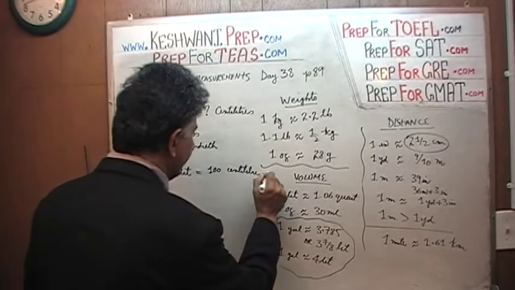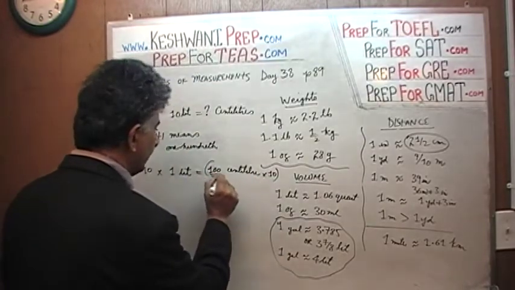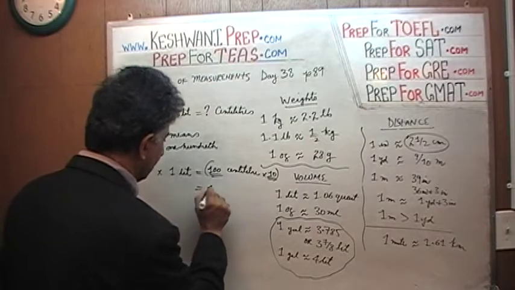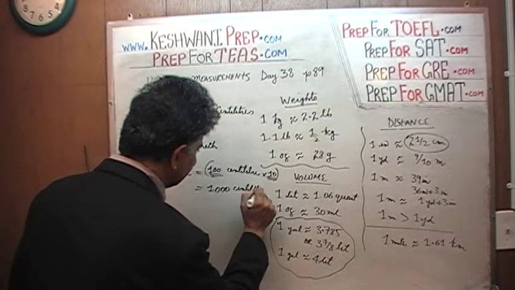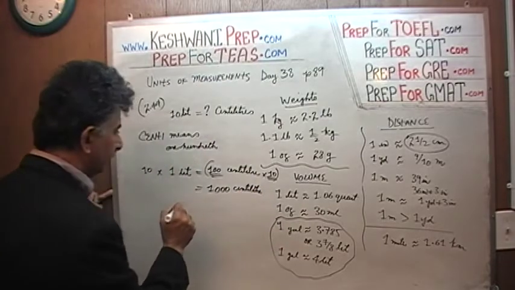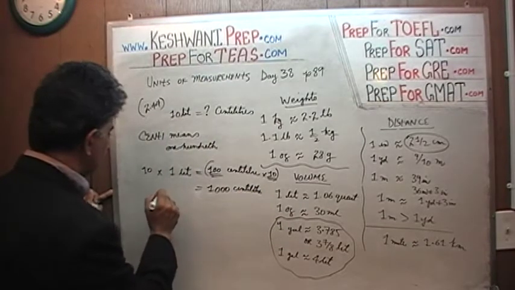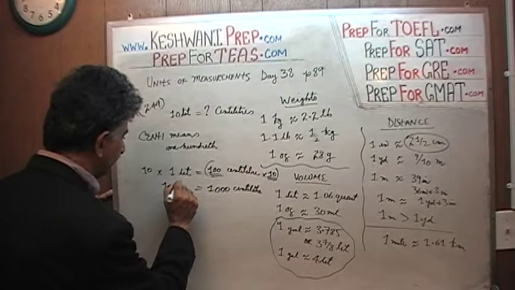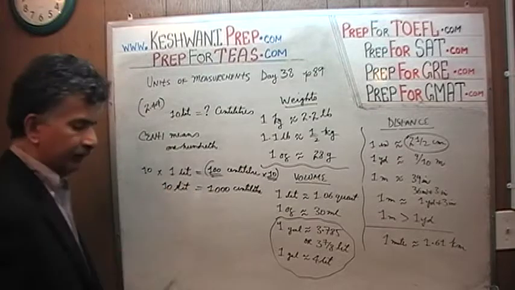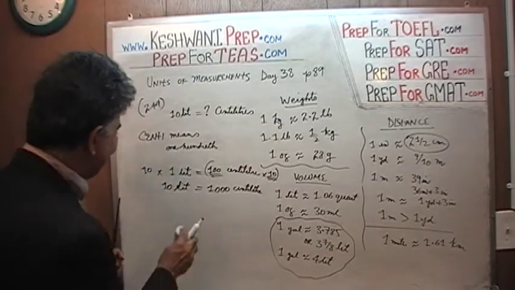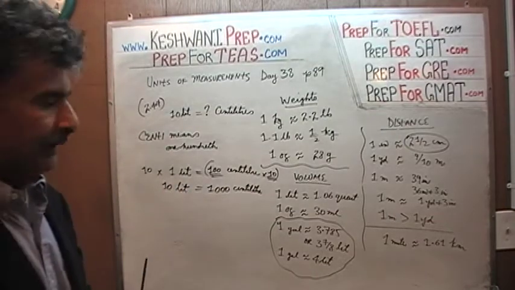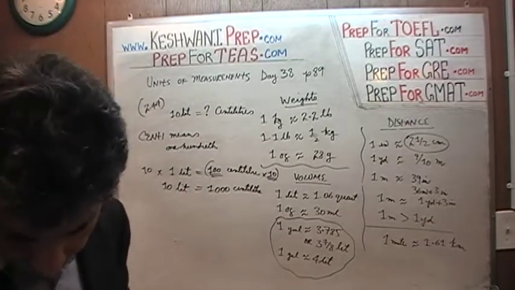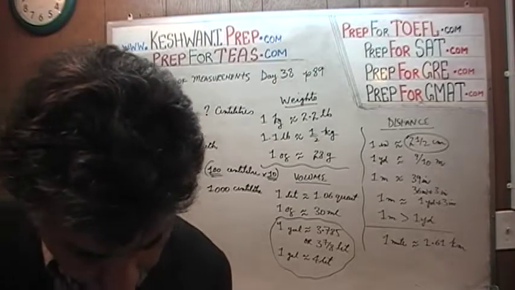And here we find 100 times 10, so it's 1000 centiliters. 1000 centiliters make 10 liters. That's all. Let's go on to the next one.